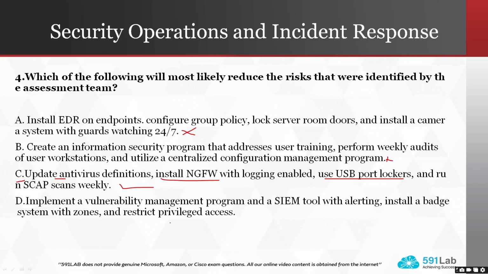While D, implement a vulnerability management program and a SIEM tool with alerting, install a badge system with zones, and restrict privileged access. Actually, a vulnerability management program and SIEM, or security information and event management, tools are very essential and valuable, but a badge system and access restriction are more focused on physical security, not directly addressing software vulnerabilities or USB port access.